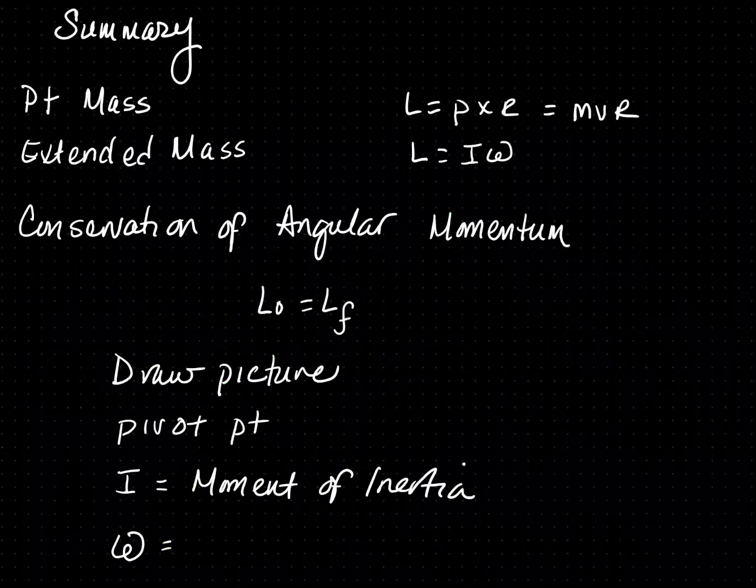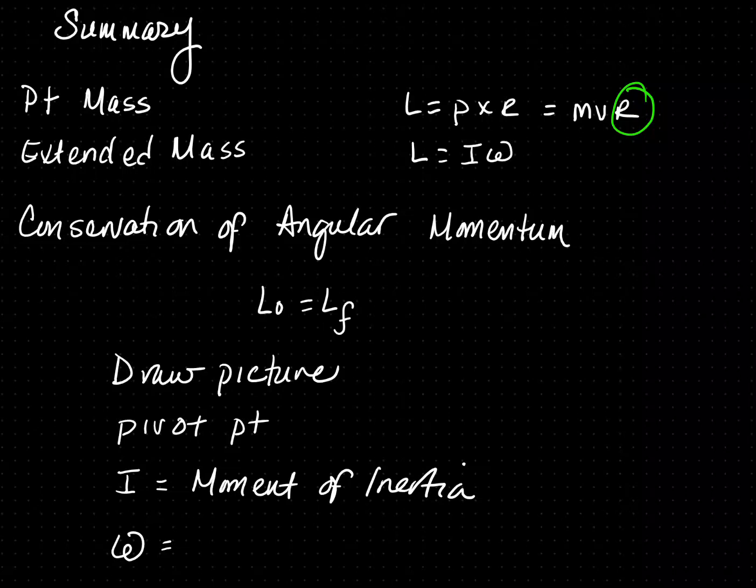Summary. Remember, for point masses, angular momentum is linear momentum times radius. Linear momentum is mass times velocity. And when we are talking about radius here, it is the shortest distance to the pivot point.